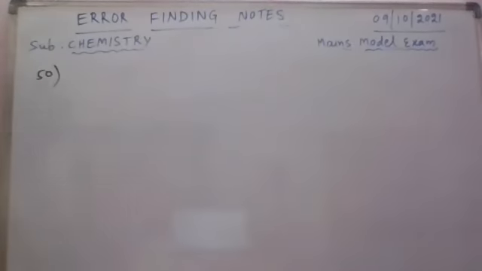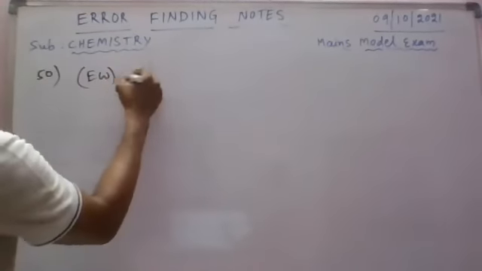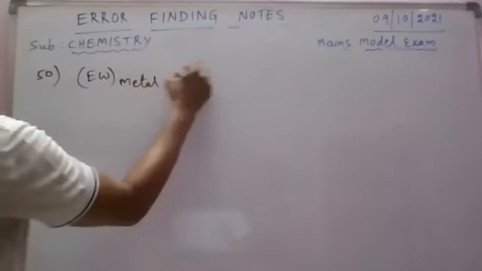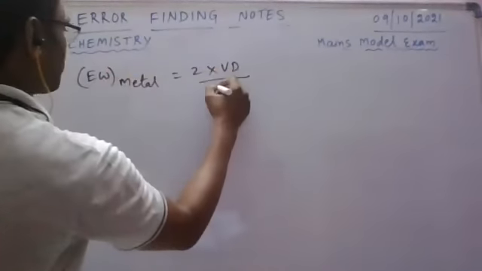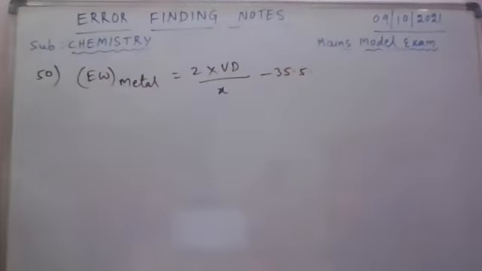Okay, last one. The equivalent mass of an element is 4. Its chloride has vapor density 59.5. What is the valency of the element? Here, equivalent weight of metal is equal to 2 into vapor density by X minus 35.5.